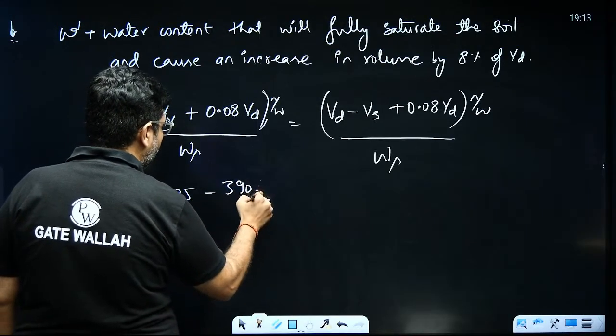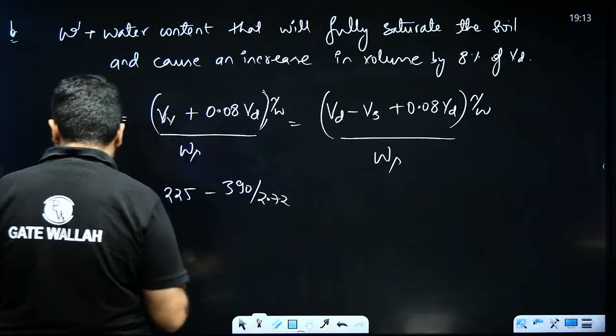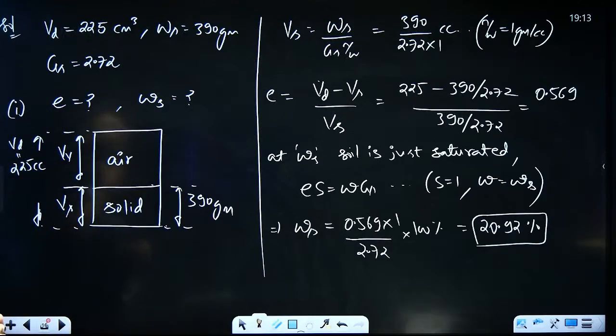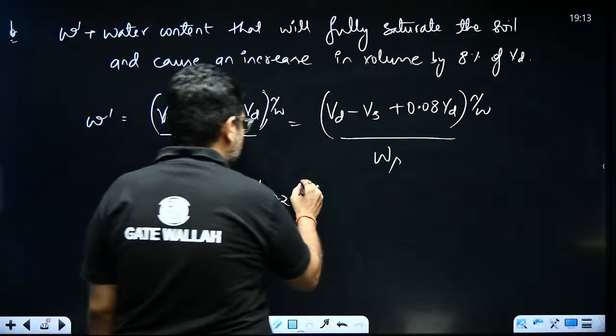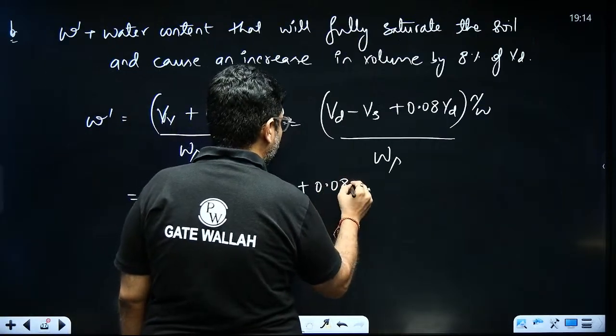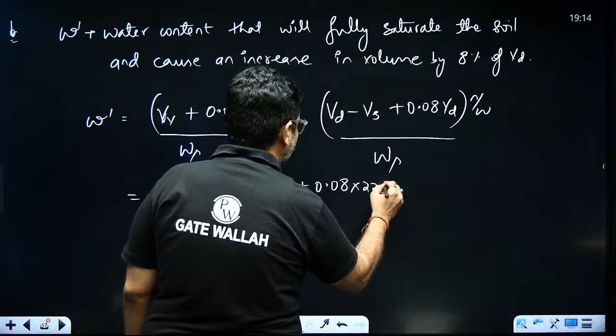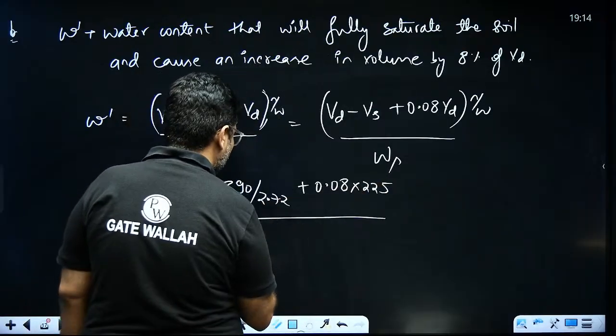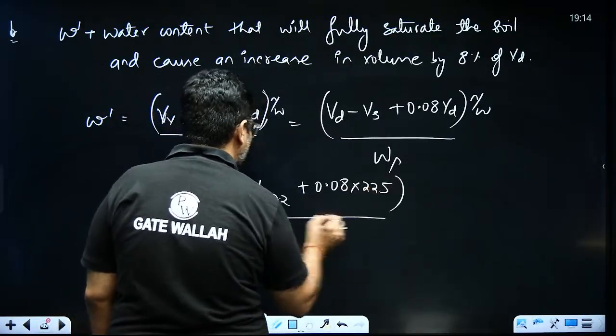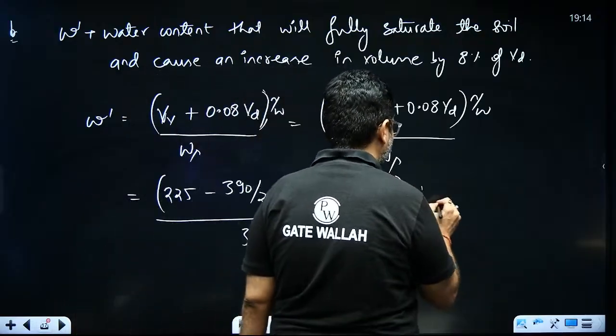Vs is 390 upon 2.72, plus 0.08 times 225. Weight of solids will remain the same, that is 390. Gamma W I will take as 1.